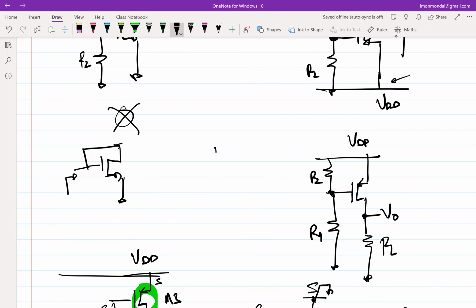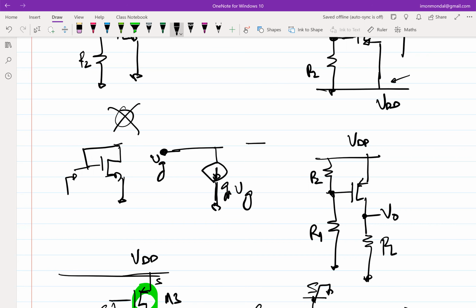So this is essentially GM VGS, or rather GM VG, and this is VG. So I am applying a voltage of VG and I'm pulling out current of GM times VG.